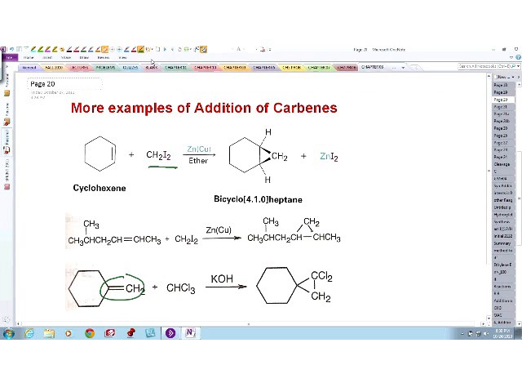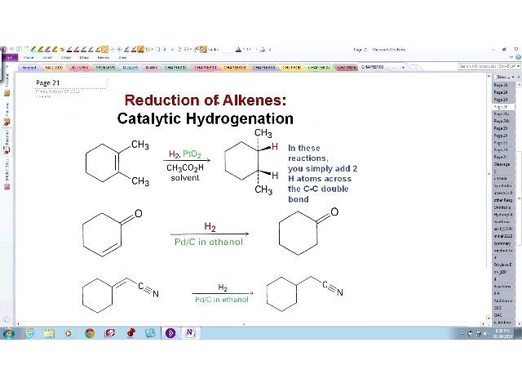Okay. The third type of reaction we will discuss today is what we refer to as catalytic hydrogenation. We also refer to this as reduction reactions. In other words, we are going to reduce the alkene. Reduction simply means anytime you increase the number of hydrogen atoms of an organic molecule, you say you are reducing that molecule.